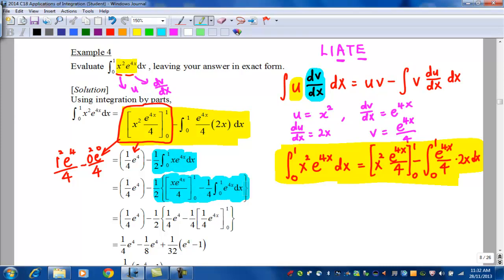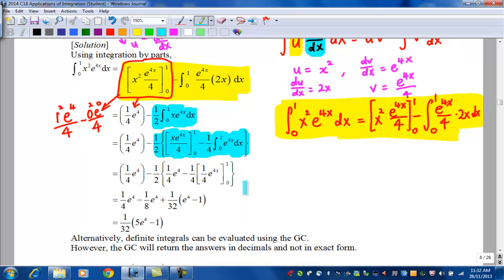We have to do by parts one more time. And finally, when you evaluate, this giving this and this giving this, you will get this answer here. Further simplify, you will get this as the final answer.